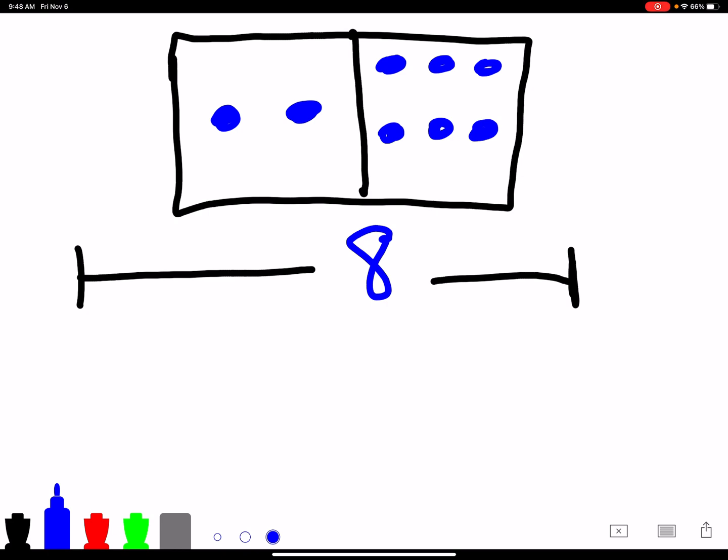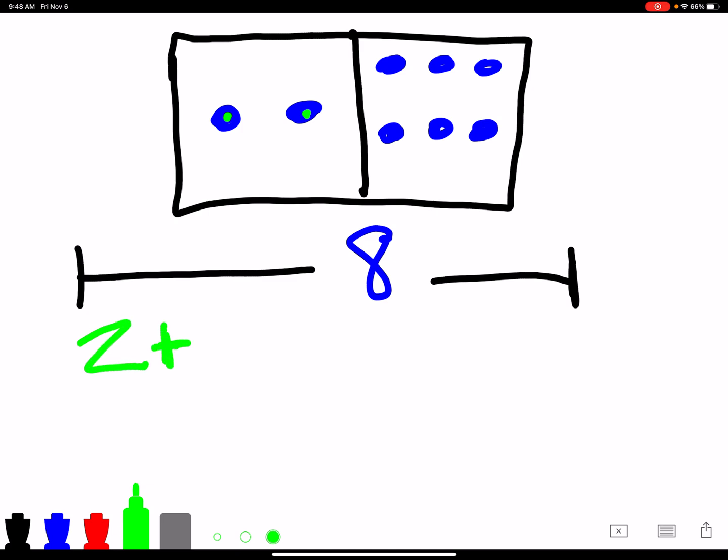So let's first try it as an addition equation problem. So remember, part plus part equals whole, so this should be pretty easy to write as an addition equation problem. So if we were to count out how many parts are in the first box, we have 1, 2. We have 2. Since we know this is one of the parts, this is going to be our addend. 2 is going to be our addend.